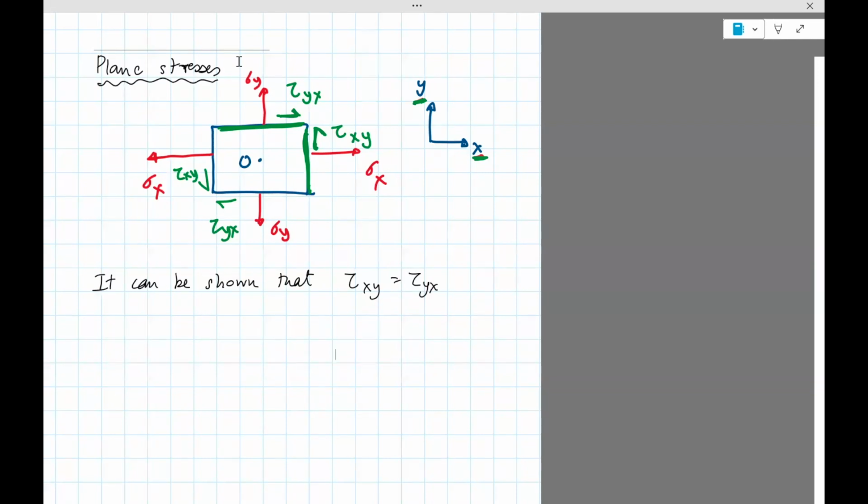It's fixed. If it was rotating, that wouldn't be true. So they have to balance out. If you take the moments about O, you'll see that tau xy is the same as tau yx. This is known as complementary shear. Tau xy leads to tau yx, and they're equal.